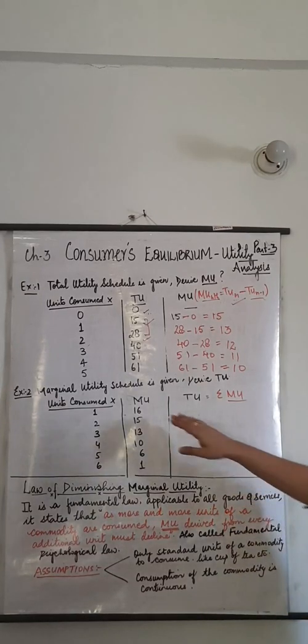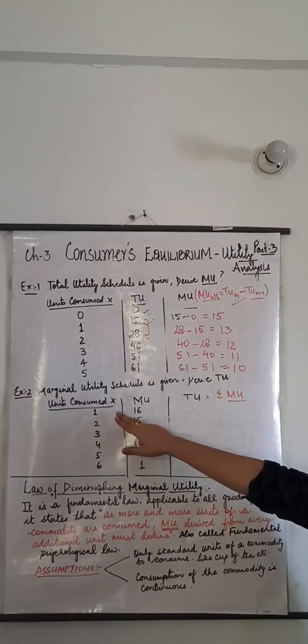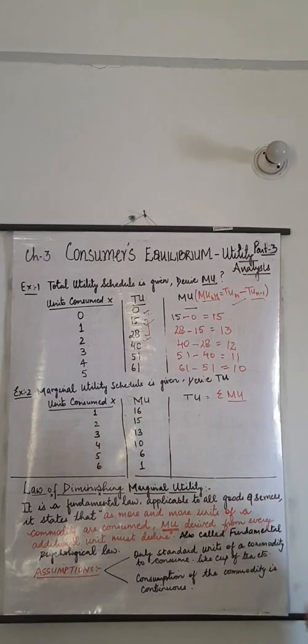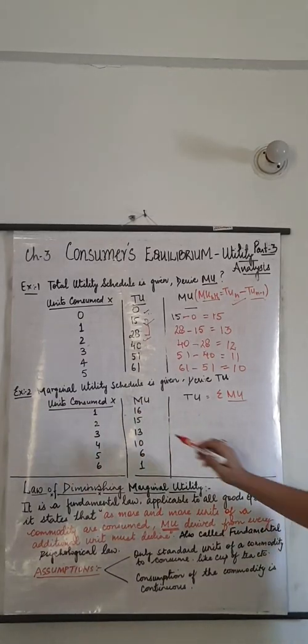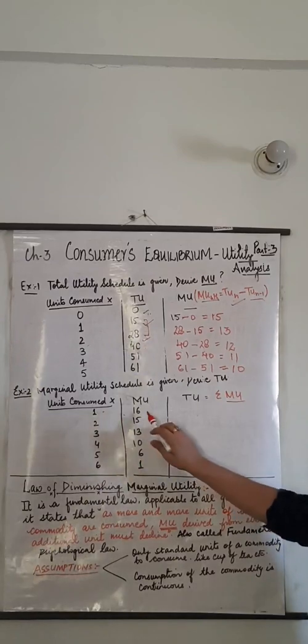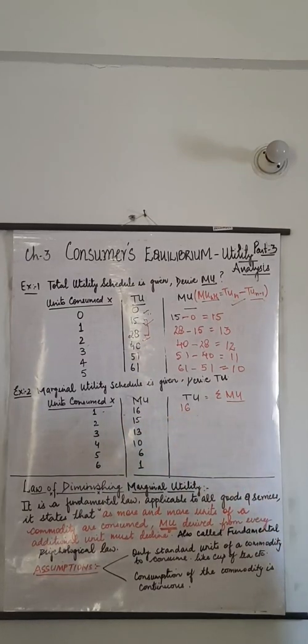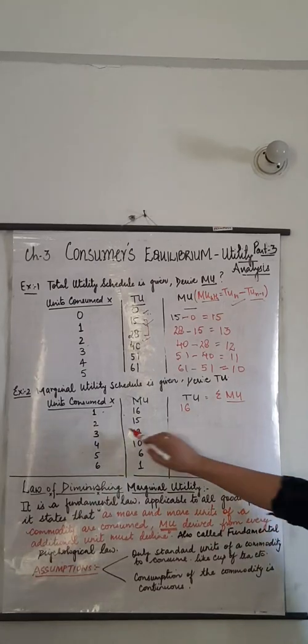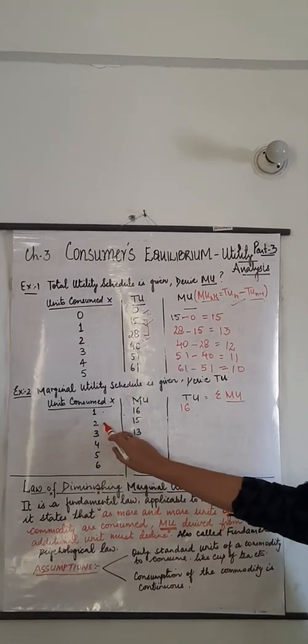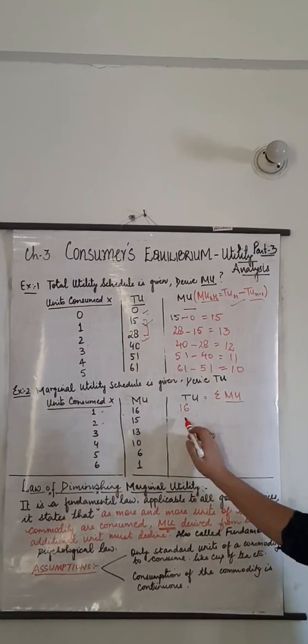So taking consideration at the very first unit, at 0 there was no consumption. So at that time we will say nil. Then when the first commodity is consumed, MU is 16. So TU remains 16. Next, at the second commodity consumed, we will calculate TU.